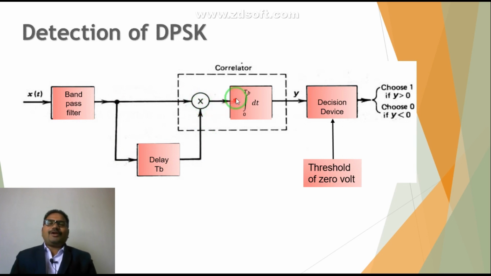Then it is given to this integrator, that is a low pass filter. The multiplier and this integrator together are called a correlator. And the output of this correlator is given to your decision device, which compares it with a threshold of 0 volt. So if y is greater than 0, then it is taken as symbol 1, and if it is less than 0, it is taken as 0.